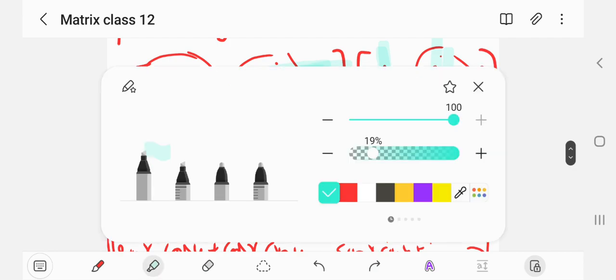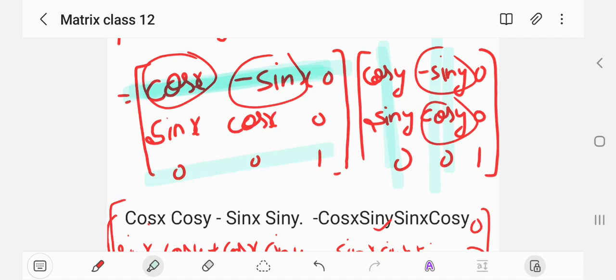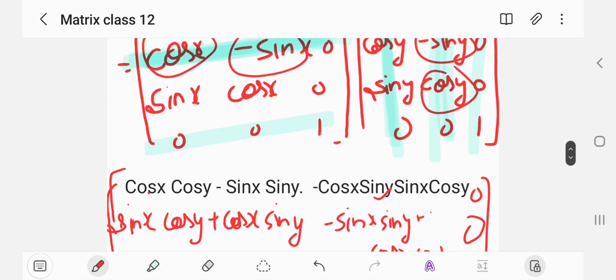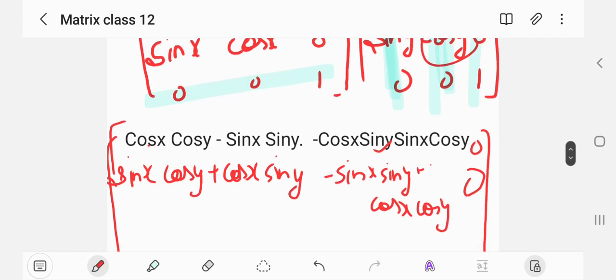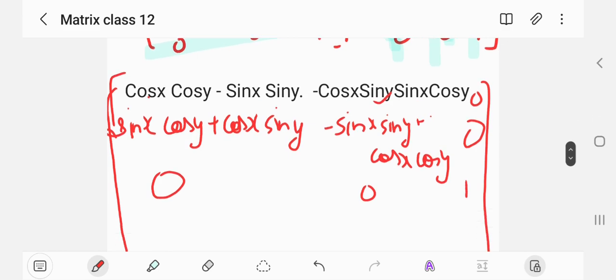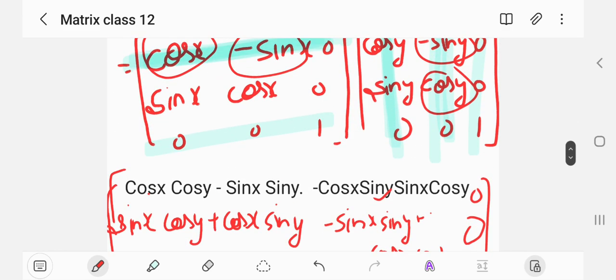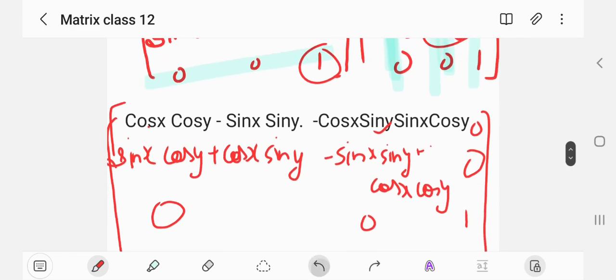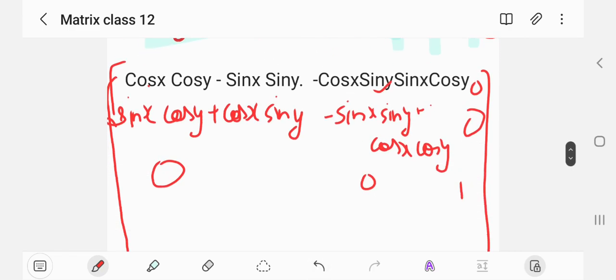Now if I multiply this row with all these columns, what will I get? You can see here, I will get 0 here, 0 here, and finally 1 here. Why will I get 1? Because when I multiply this 1 with this 1, I get 1 here.